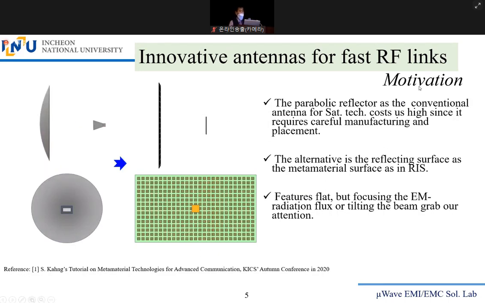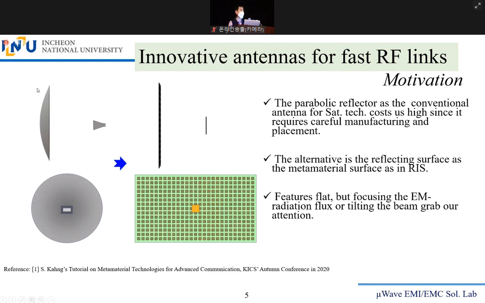Another motivation. Actually, I'm from satellite communication side compared to mobile communication side. But these days, we handle lots of designs for antennas appropriate for mobile communication too. I have several projects working on 5G and higher frequency communication.